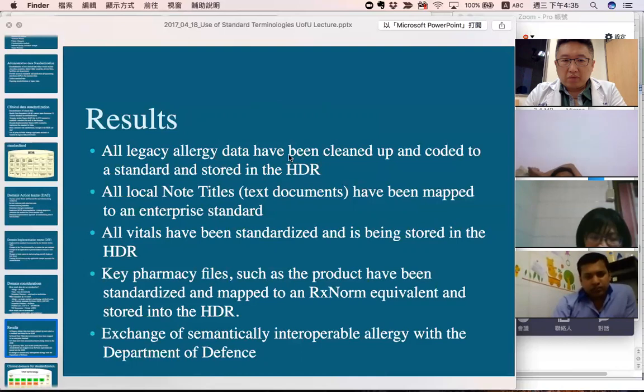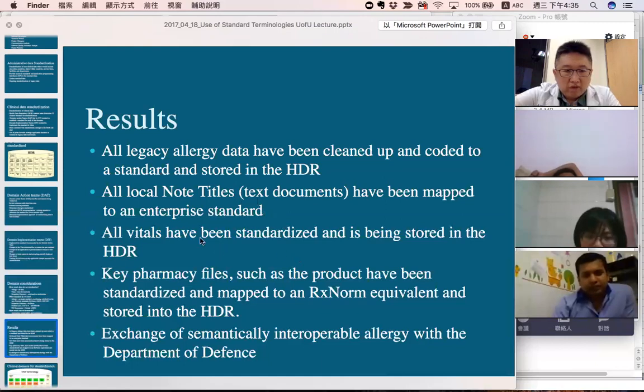The allergy data is small and easy, so they just clean it up, transform it into new information, and store it in the HDR. But for some local notes, it's more complicated, so they just map into the enterprise standard. I guess they map what they can, and for the rest that cannot be mapped, they leave it there. I think that is mostly the practical approach.